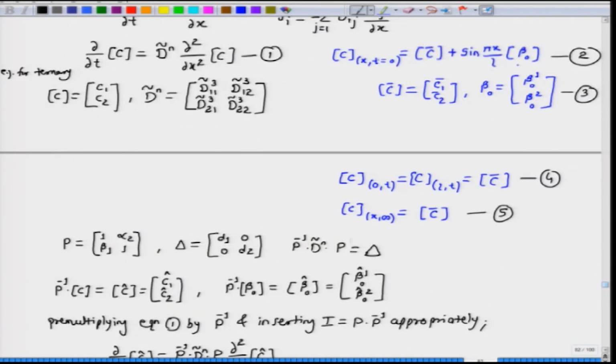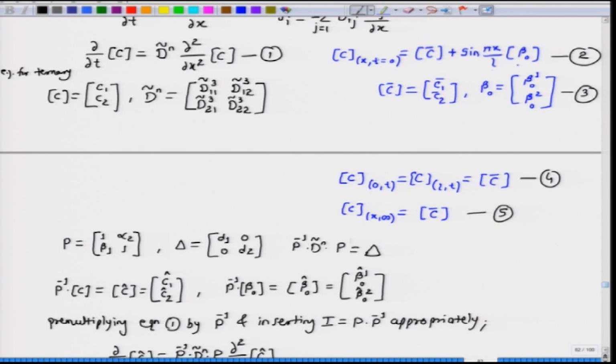So for the initial condition, which is written here, if we pre-multiply by P inverse, we get C cap at x and t on the left side. On the right side, P inverse times C bar, we call it C bar cap, the average concentrations in the new cap basis, and P inverse times beta 0 will be beta 0 cap.